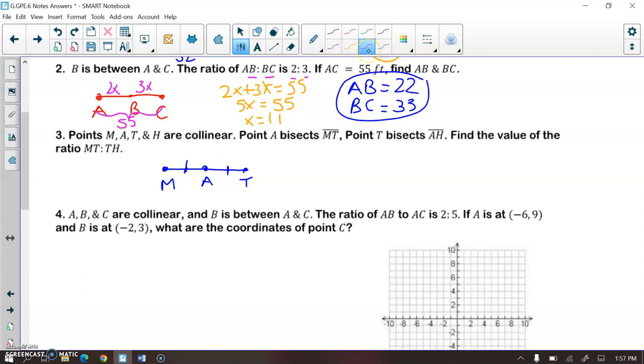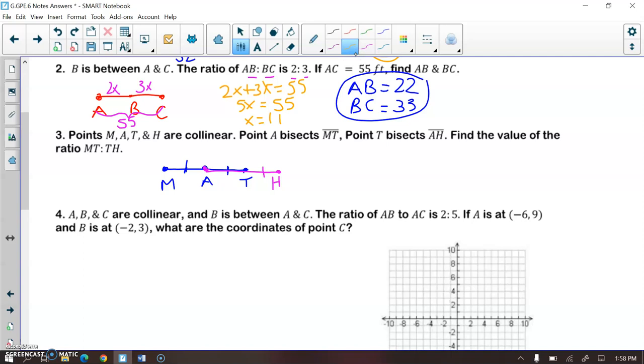But point T bisects segment AH. So that would mean T is directly in the middle of that, so AT is congruent to TH. And we want to find the value of the ratio of MT to TH.